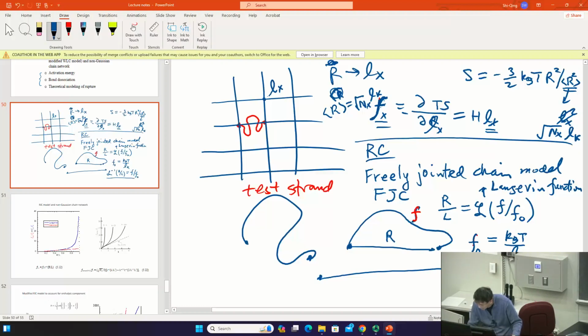In fact, this can be approximated by R over R0 divided by 1 minus R over R0 to the third power. So people actually are crazy about this inverse Langevin function and propose many mathematical forms that approximate it. And this is one of them.